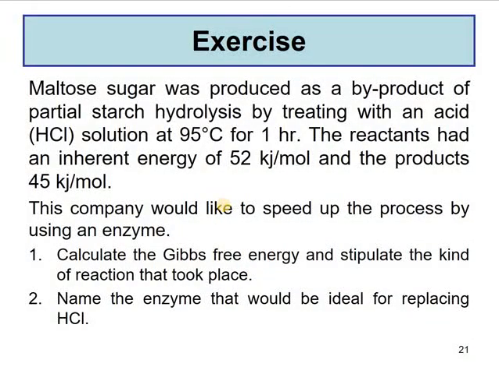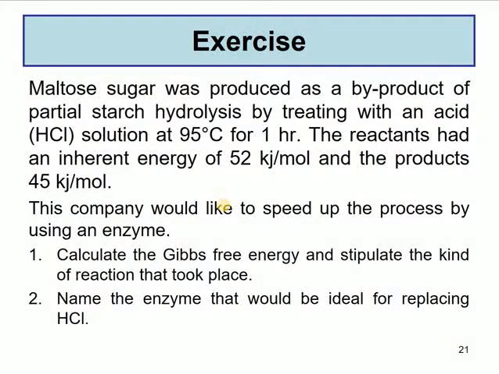Okay, so just an exercise. Remember, we mentioned that the free energy is the energy of the products minus the energy of the substrate. The exercise says maltose sugar was produced as a byproduct of partial starch hydrolysis. You know what starch is, and you know what hydrolysis is.